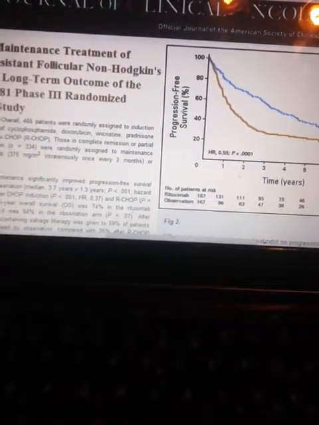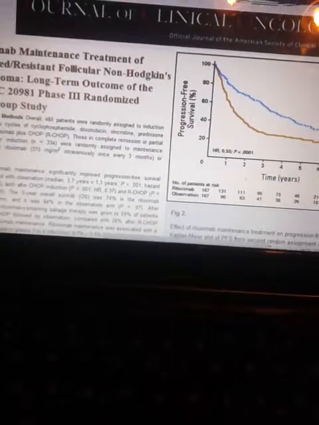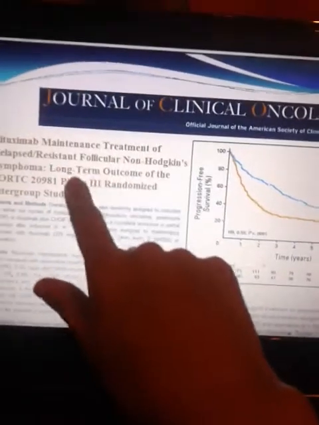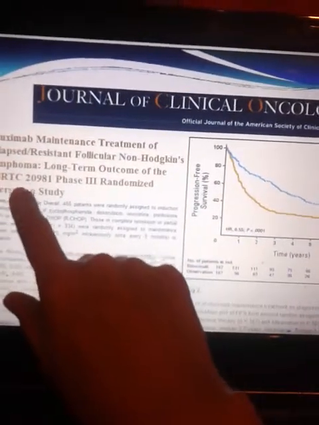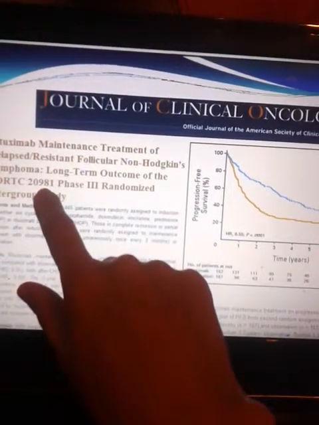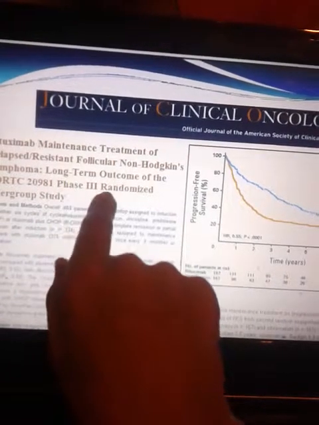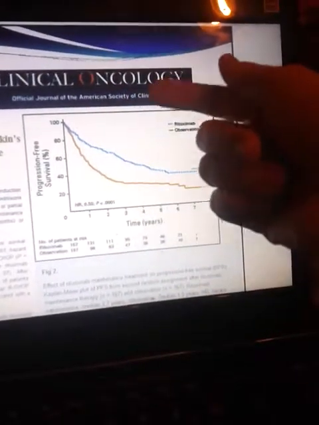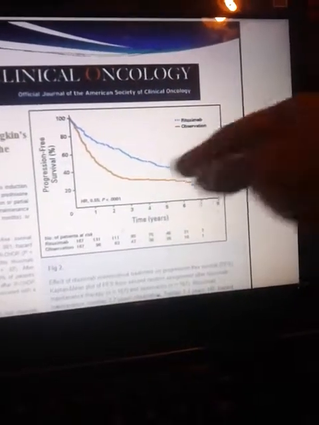Journal of Clinical Oncology. Rituximab maintenance treatment of relapsed and resistant follicular non-Hodgkin lymphoma, long-term outcome of the EORTC 20981 phase 3 randomized intergroup study. What happened? The progression-free survival decreases after many years.